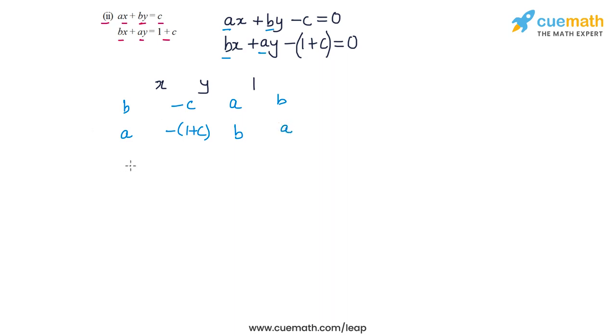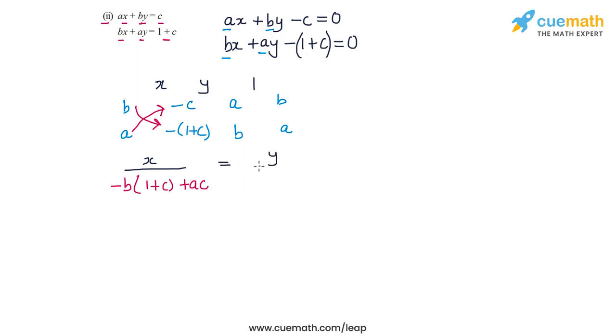Now let's write the cross multiplication equalities. So we'll have x by b times minus 1 plus c, so minus b times 1 plus c, and minus a into minus c, so plus ac. So this is what we get under x.